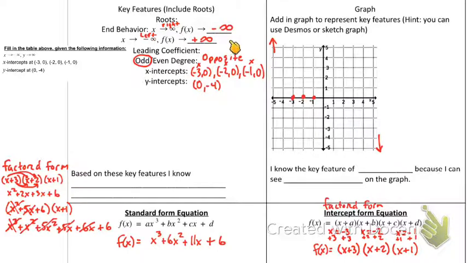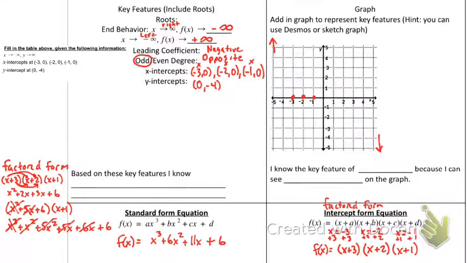All right, since the right side's going down, what does that tell us about our leading coefficient? Remember, the right side is controlled by our leading coefficient. Because the right side's going down, we now know that our leading coefficient is negative. Remember, if the right side goes up, leading coefficient is positive. Right side goes down, leading coefficient is negative.